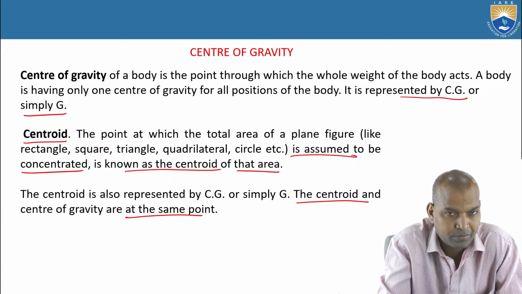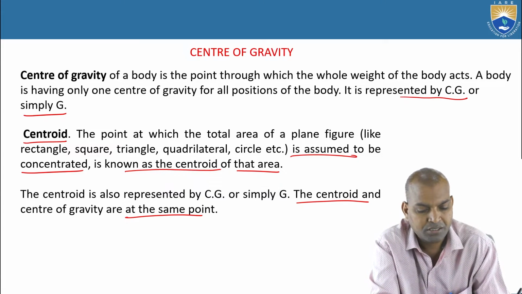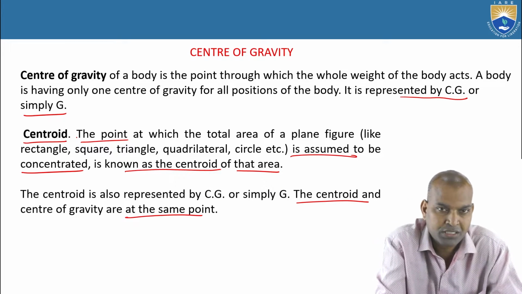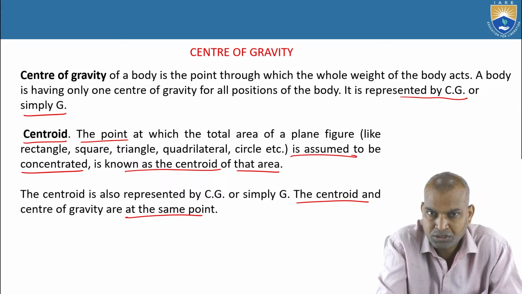For a plane figure, the point at which the total area is assumed to be concentrated is known as the centroid. So even though the definitions are the same, the application is clearly different.